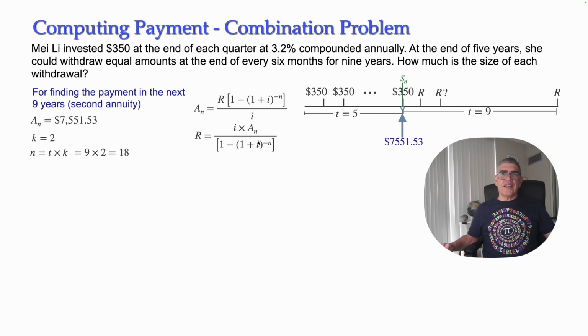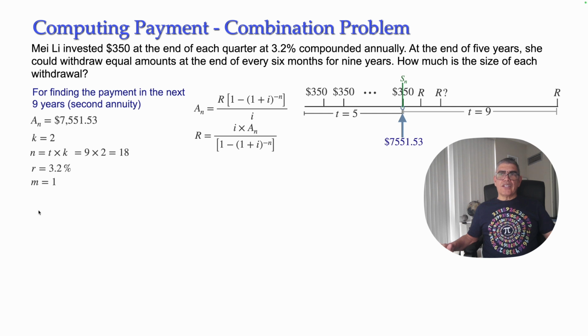And to know this i, we need to check again the conversion period at this point. I noticed that it continues being the same interest, 3.2 compounded annually. So r equals 3.2 and m equals 1. i is going to change now because now k is 2.